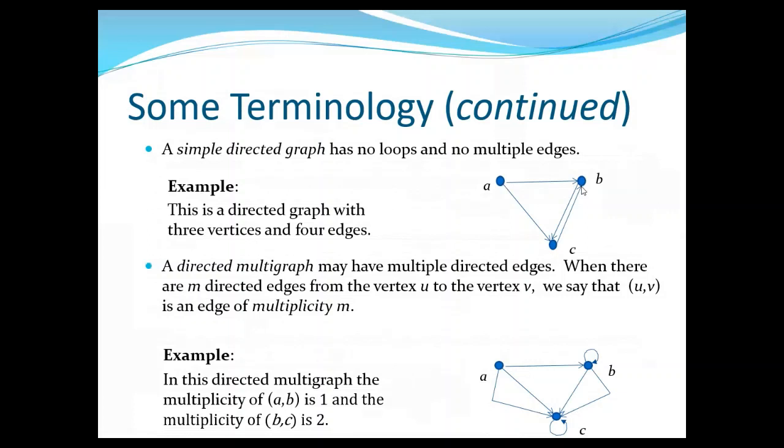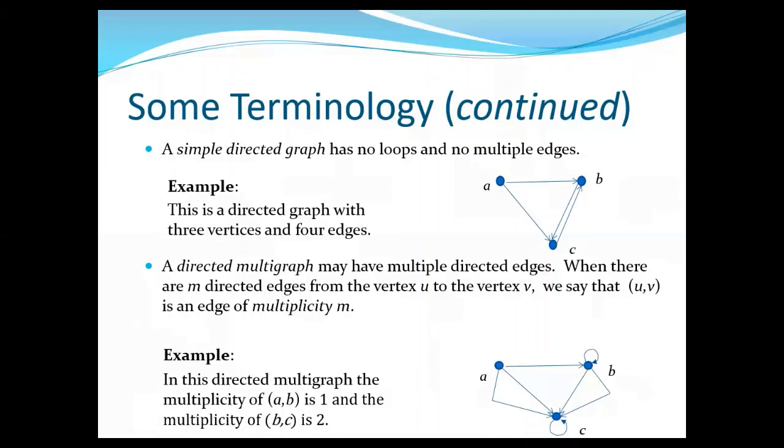That's a directed graph. So we have two types of directed graph, simple directed graph and directed multigraph. Okay, definitely simple directed graph is a combination of one connection and a direction. While in a directed multigraph, we have multiple connections, multiple edges, and we have directed edges.